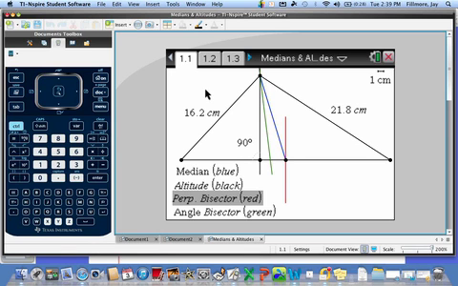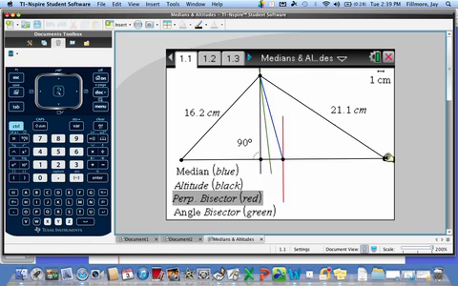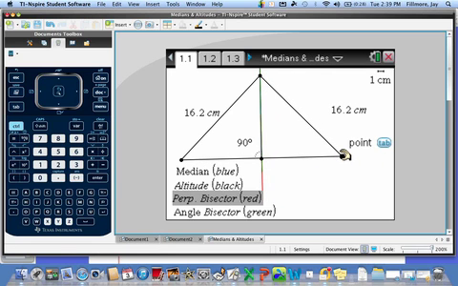But watch what happens if I make this an isosceles triangle. If I make this so that both of these segments are the same, what do you know? All 4 of my special segments are exactly the same. They're all overlapping. My median is the same segment as my altitude, which is the same as my perpendicular bisector and angle bisector. So, in an isosceles triangle, all 3 of these segments are actually the same.